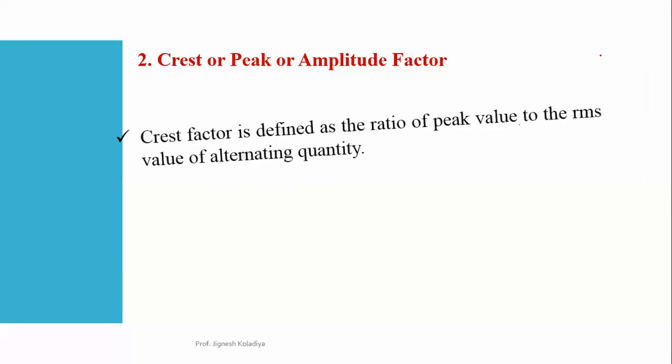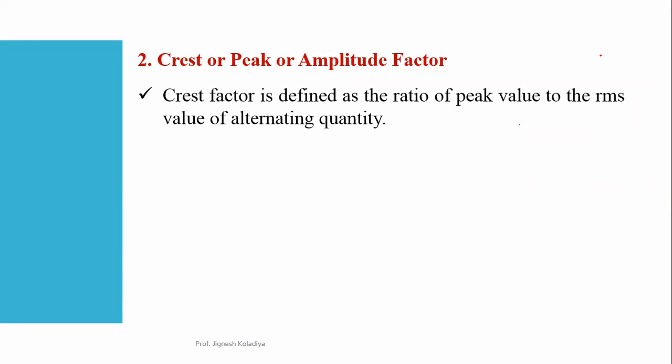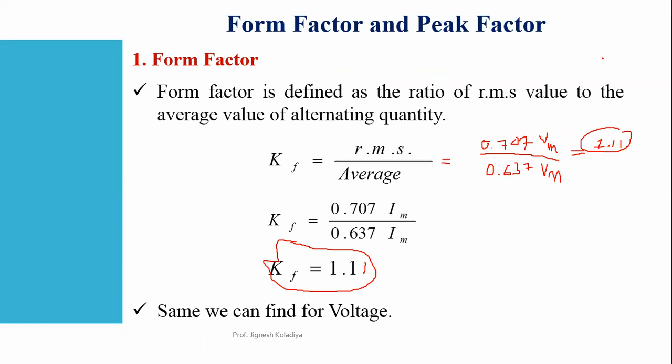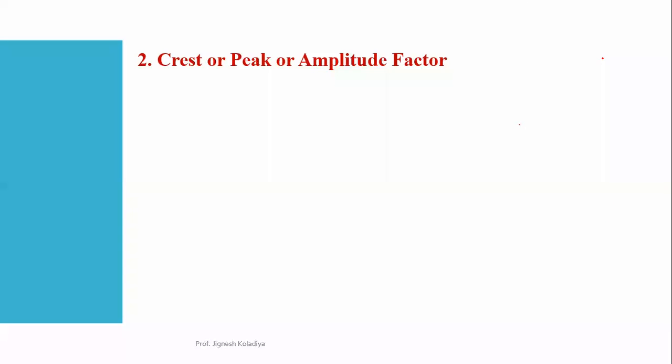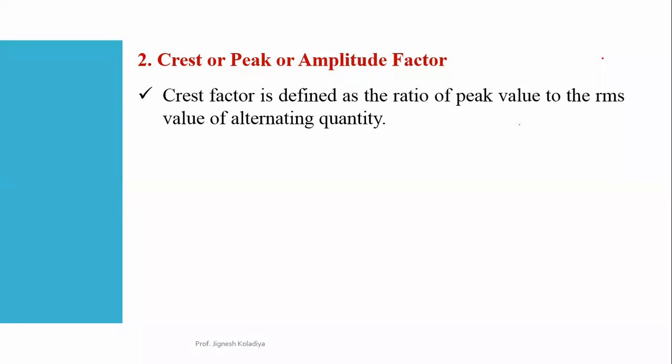Again, it is a ratio. Crest factor is defined as the ratio of peak value to the RMS value of an alternating quantity. Don't be confused: form factor is RMS upon average, and this is peak upon RMS. Peak value is Im, the maximum value, and RMS value is 0.707 Im.